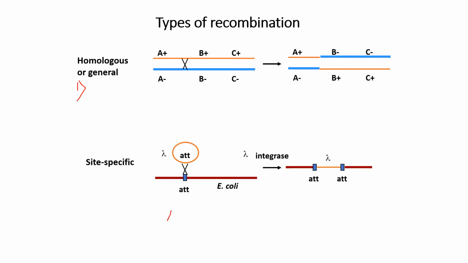Whereas in the case of eukaryotes, you will find this homologous recombination during meiosis division. During meiosis division, what happens? The pairing of homologous chromosomes takes place. Homologous in the sense that one is obtained from the maternal origin and the second is obtained from the paternal origin. At the time of meiotic division, we call it haploidization, where gamete formation takes place.